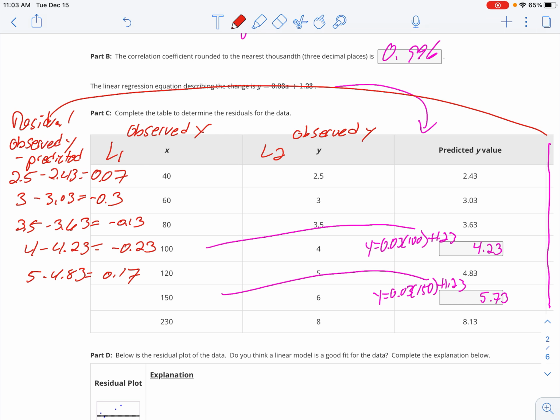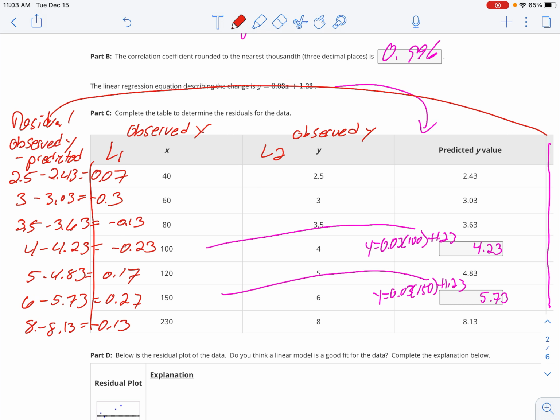We had to do this one, so 6 minus 5.73, and you get 0.27. And then they did this last one for you. Oops, sorry, got out of order here. Observed y minus the predicted, and they completed that one for you, negative 0.13.